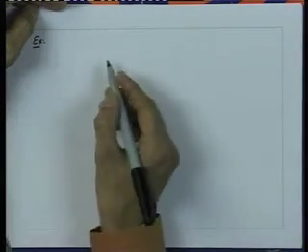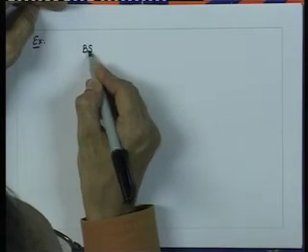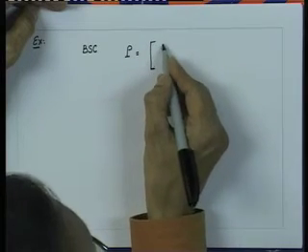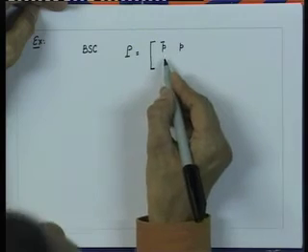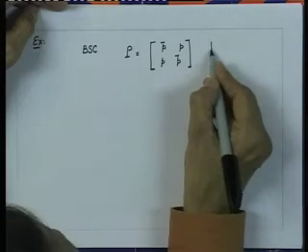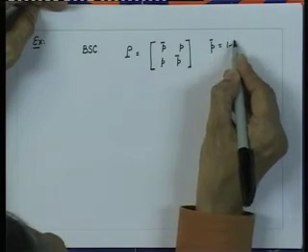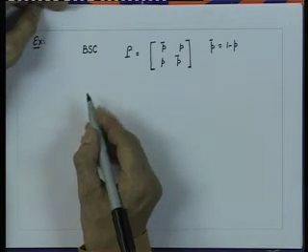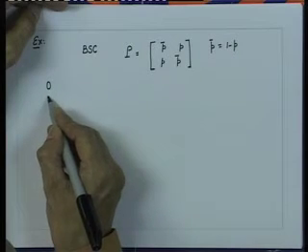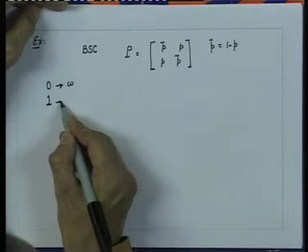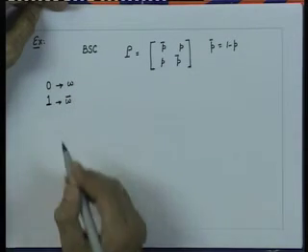The channel matrix of the binary symmetric channel is given as P bar P, P P bar, where P bar is equal to 1 minus P. Now, assume that probabilities of a 0 and 1 being transmitted are omega and omega bar respectively.